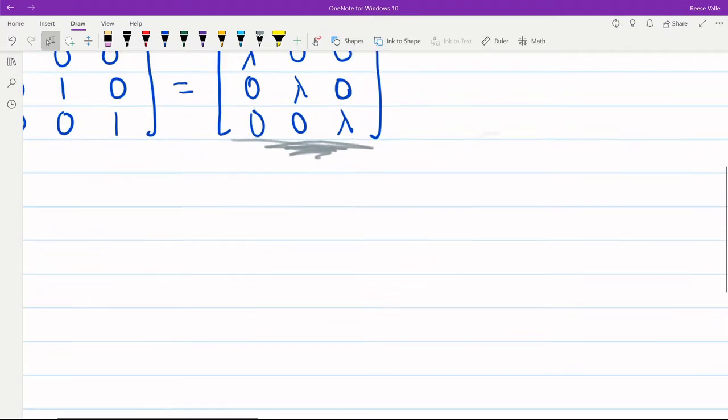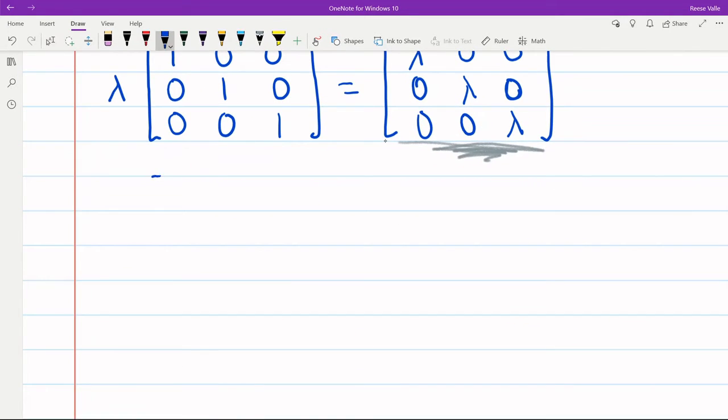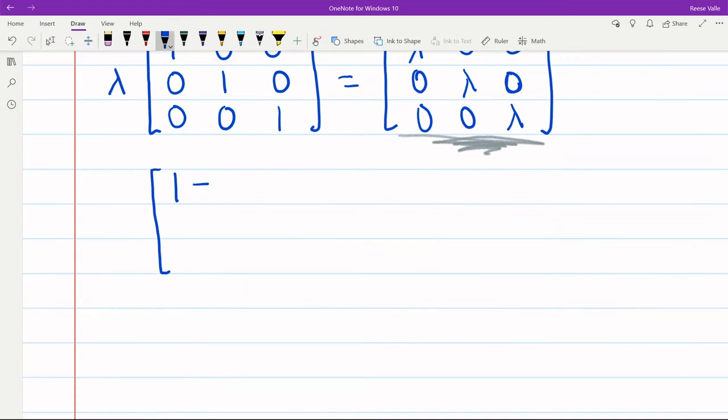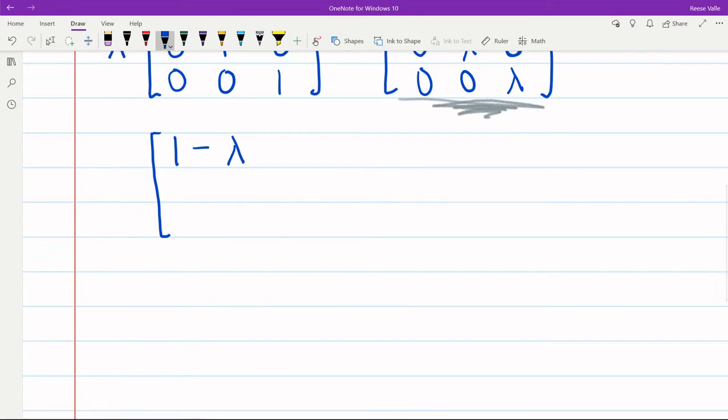I'm just going to shortcut it. You guys know how to do matrix subtraction.